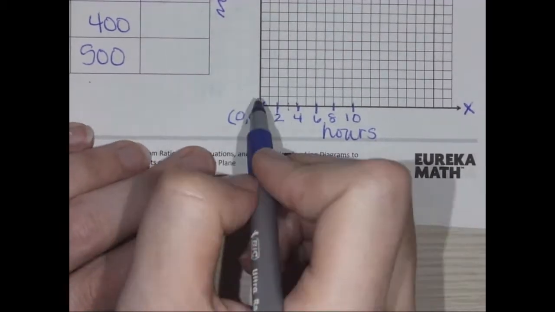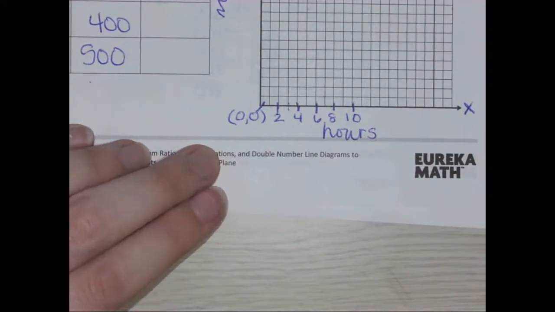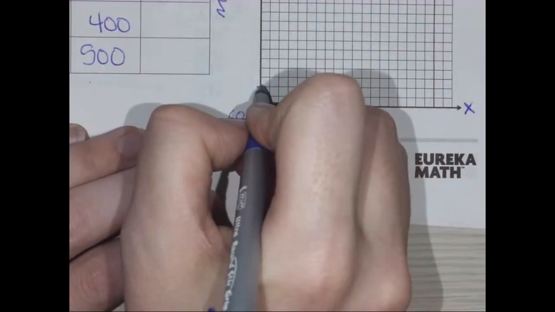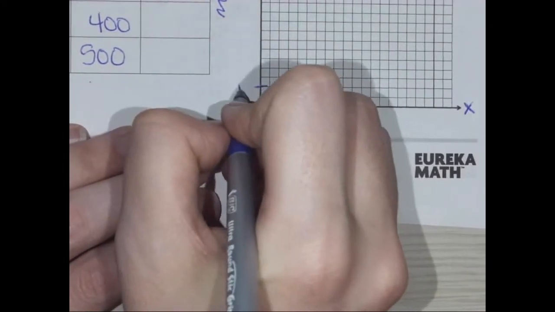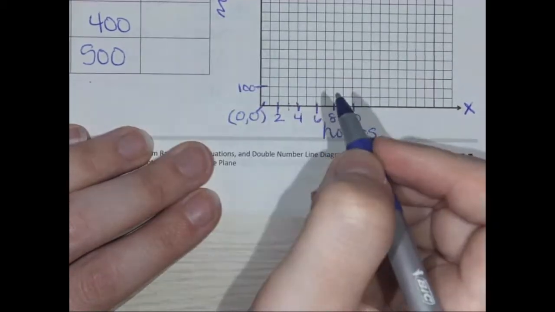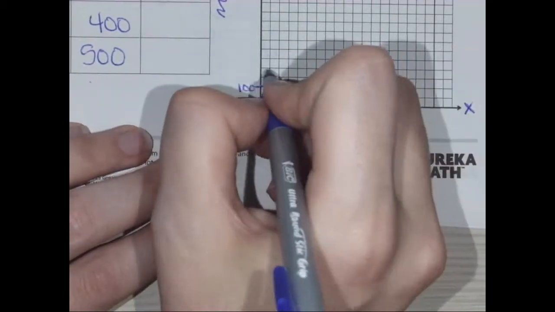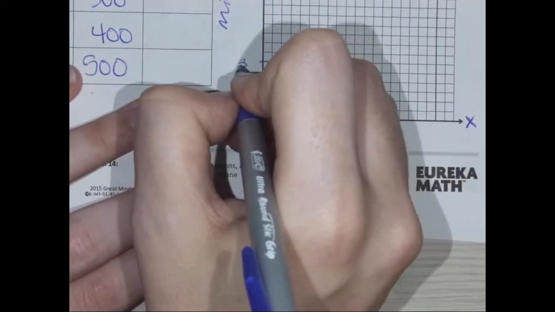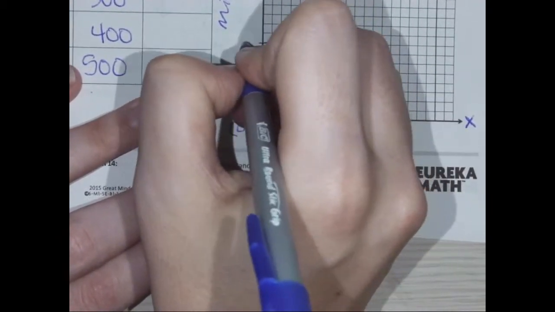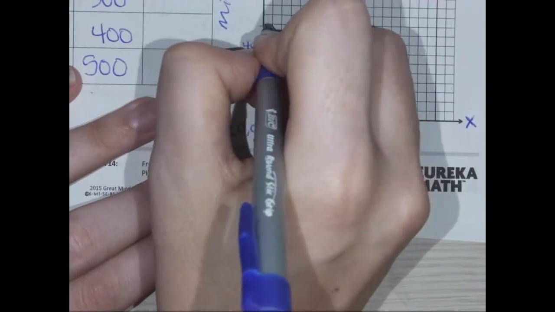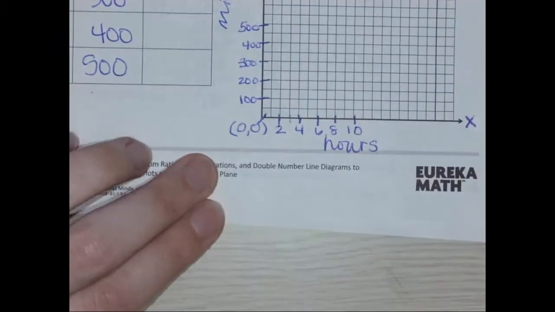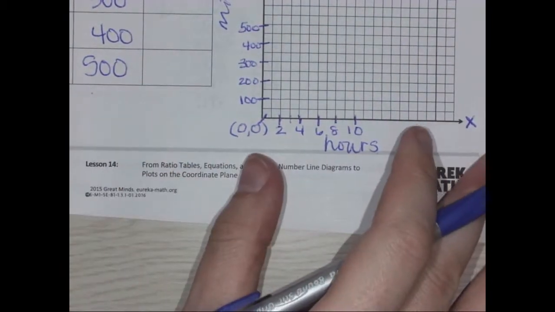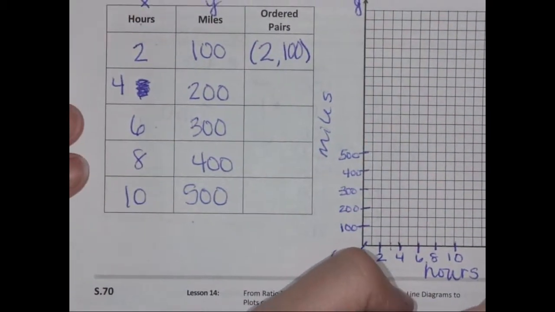Now, I'm going to move up my y-axis. I'm going to skip lines again. And this time I'm counting by hundreds. 100, 200, 300. Let's go ahead and fill in the rest of the ordered pairs.